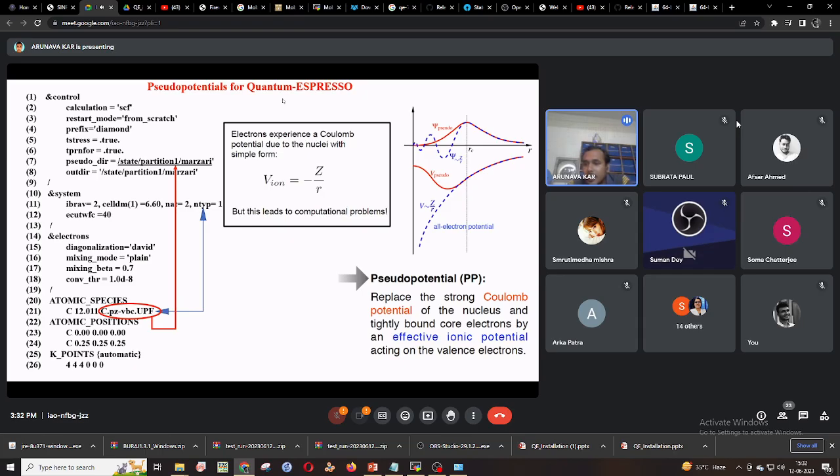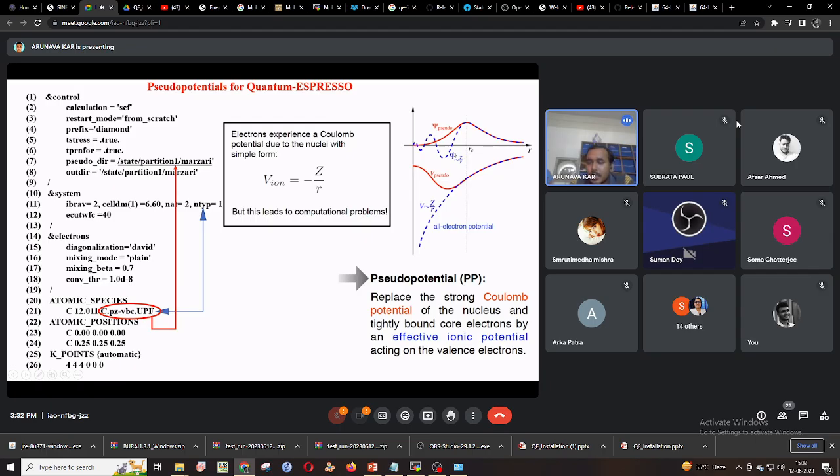So the suggestion is that we replace the strong Coulomb potential of the nucleus, and below a certain cutoff value, we smooth the pseudopotential to a finite value, or the pseudo wave function to a finite value.